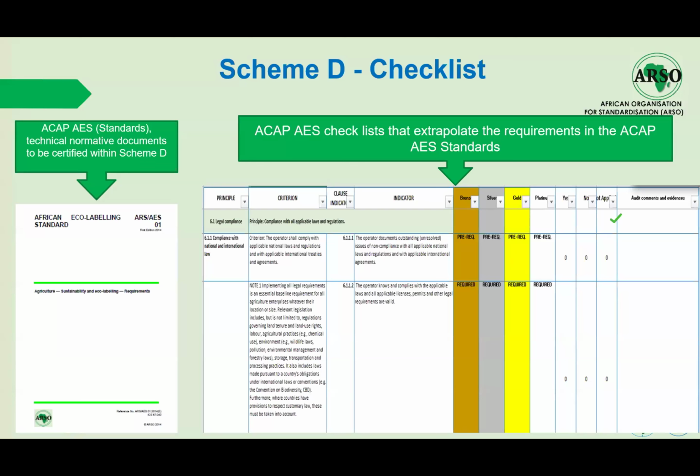So as a farmer, by assessing yourself, you will use this checklist and see what you are complying with, what you have already in place. And if you don't have it in place, how can I get it in place so that I can comply and call a third party to come and assess? These checklists, those who are committed can express their interest, and we share these documents so that they can start the process of self-assessment.